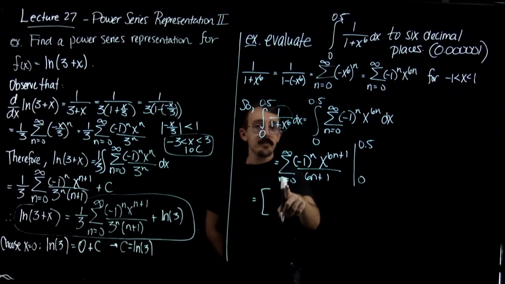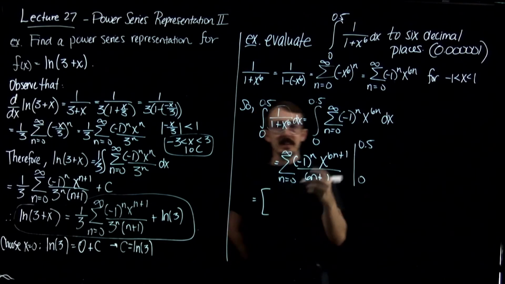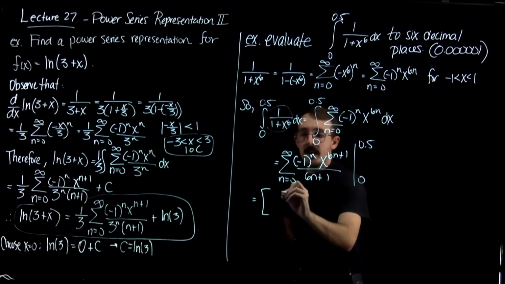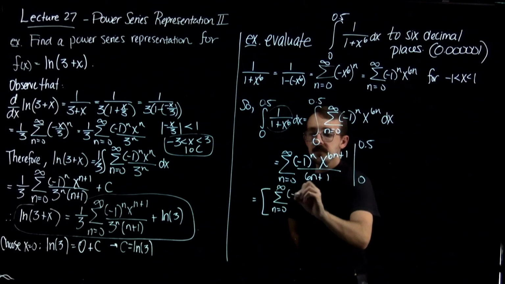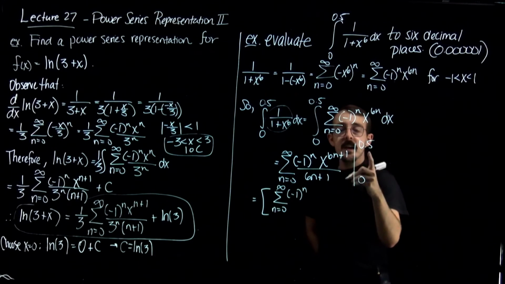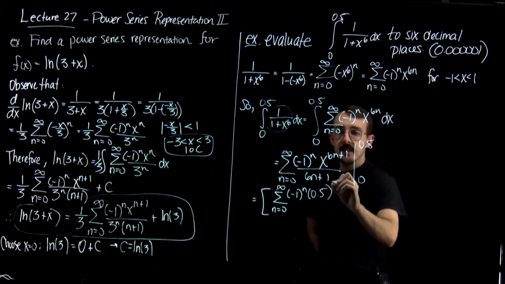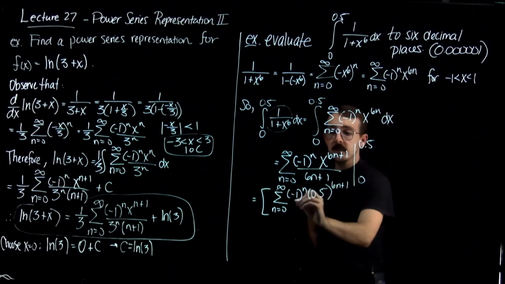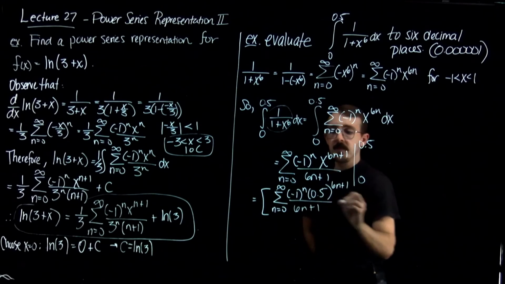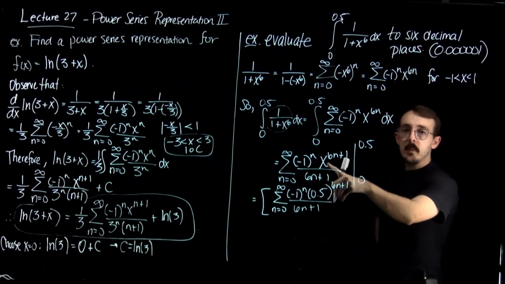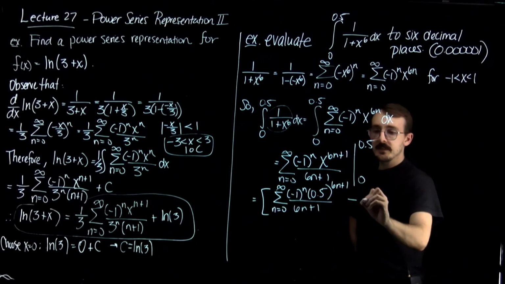I'm going to write it like this first. I want to show every step. So I'm going to have the series from n equals 0 to infinity, negative 1 to the n, and this is going to be 0.5 to the 6n plus 1 over 6n plus 1. So that's what happens when I plug in 0.5 for x, minus.